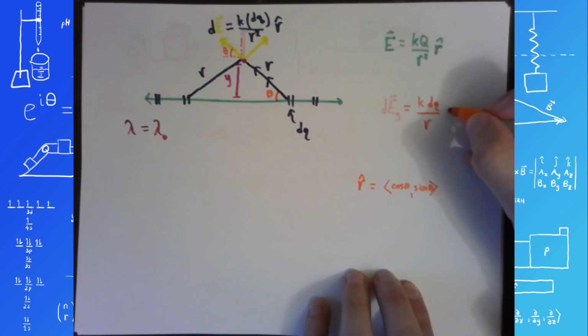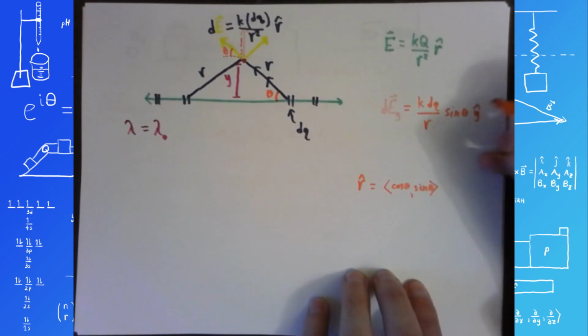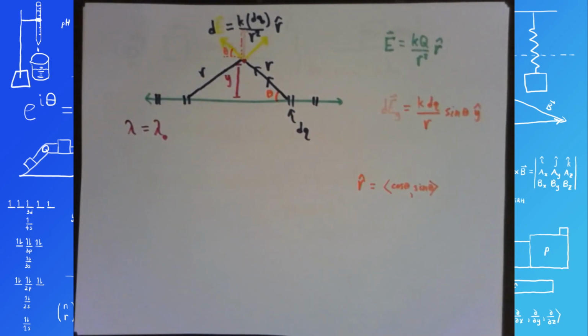For dEy, we're just going to have times sine of theta, and it's going to be in the y direction, so I guess you can write y hat if you want to be particular about it. And I think now we can start doing some calculus. Well, we still have a little bit more geometry to go.